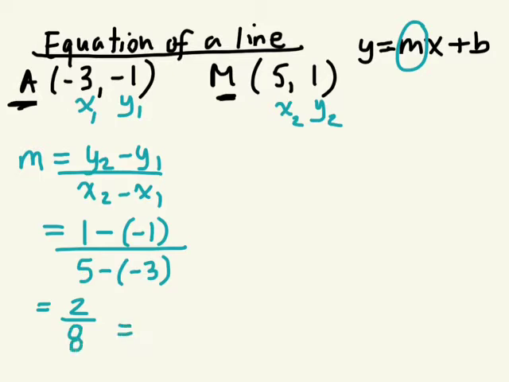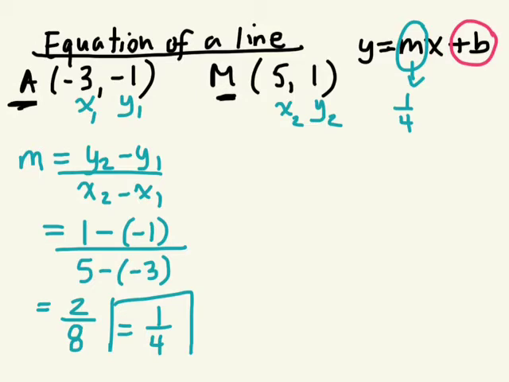Can we write this in lowest terms? What is it? 1 over 4. This is the slope of the line. I know my m is 1 over 4. Now we need to find b.